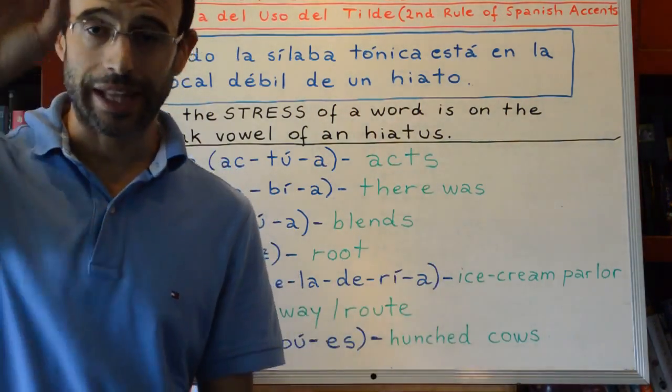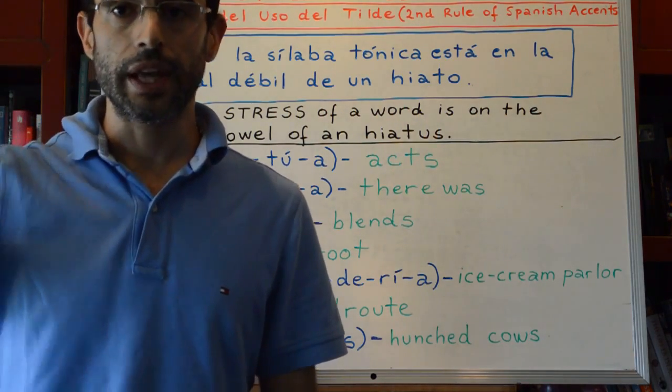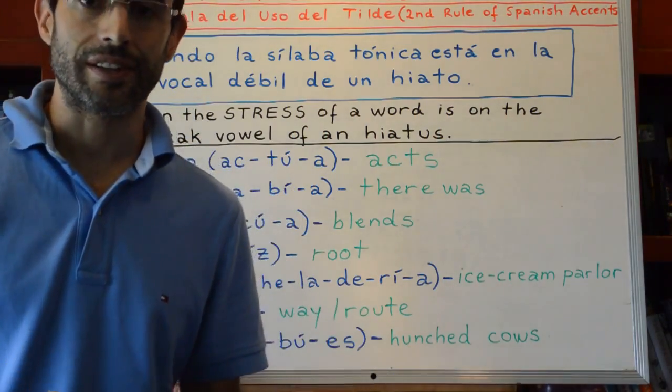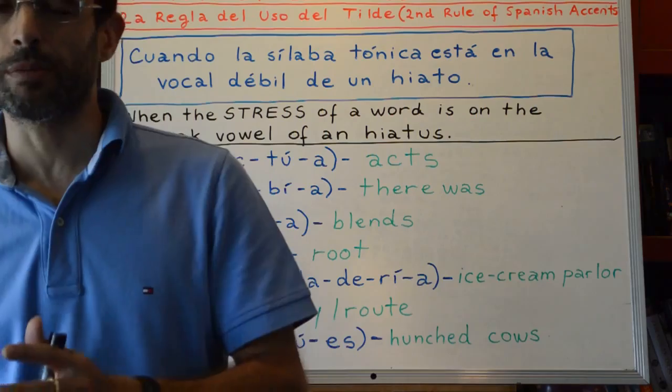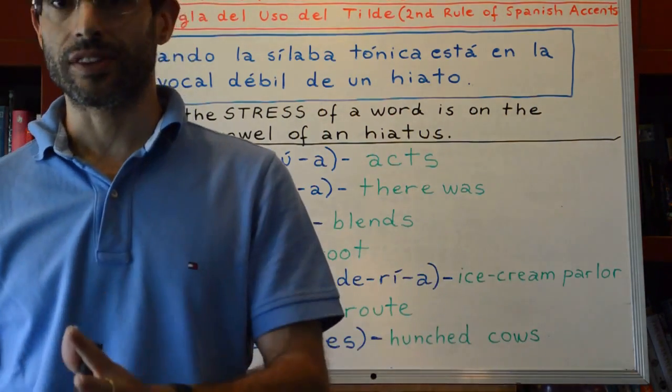The Spanish accent, that little line that you see sometimes on top of some vowels, is called tilde, okay? The word accent, acento, in Spanish means something slightly different than the tilde. What is accent in Spanish?